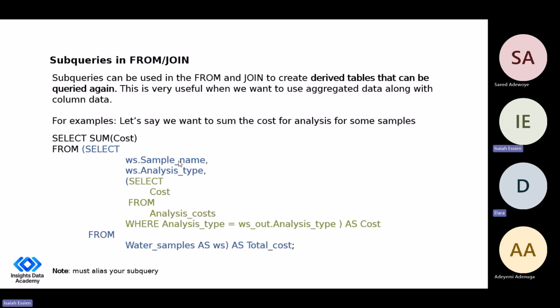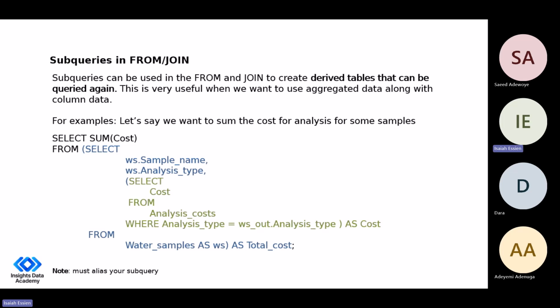Because if there's a space, for example, here, if I write ws.sample and I leave a space and I write name, based on what we learned yesterday, automatically MySQL will see that name as an alias for this ws.sample. Because you can actually just use a space and write the alias of a particular column.